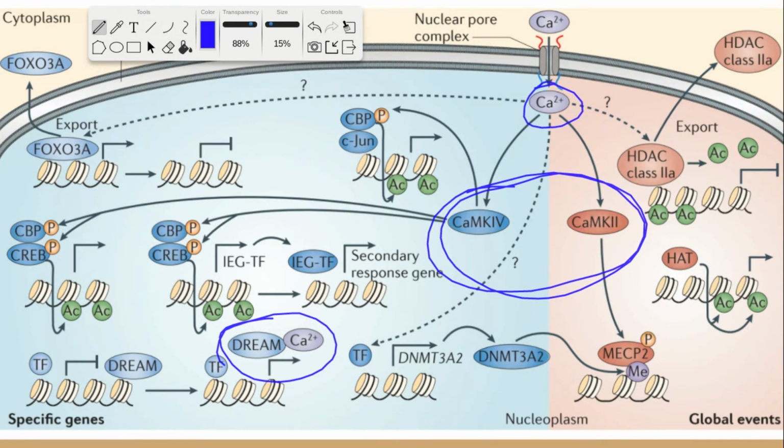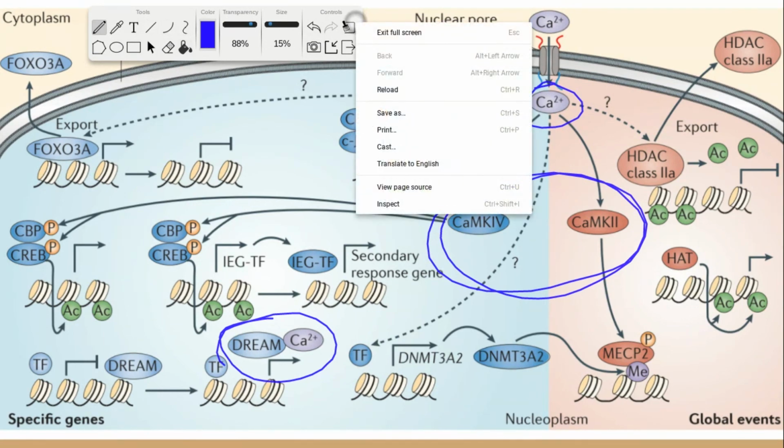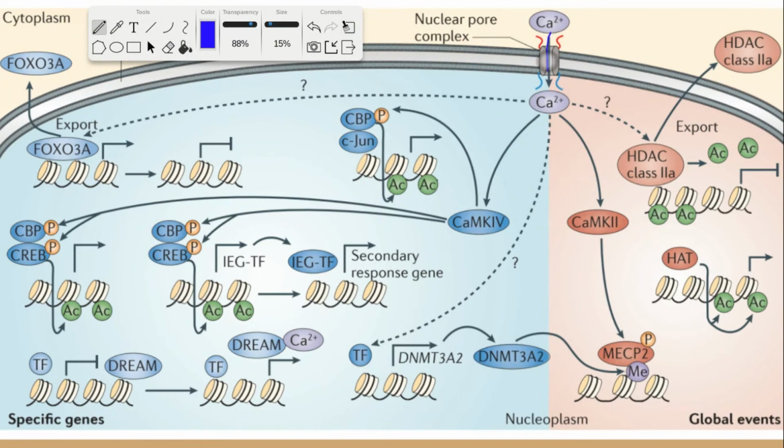I didn't mention that, but that's important. DREAM has multiple EF hand calcium binding motifs, and when DREAM binds to calcium, it detaches from DNA, allowing gene transcription. So when calcium flux enters the nucleus, it binds to DREAM and inhibits the repressor. It causes DREAM to detach from the DNA.